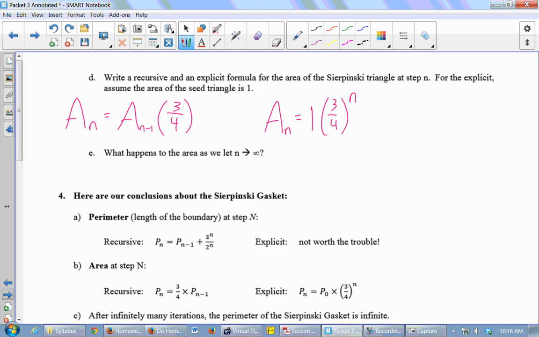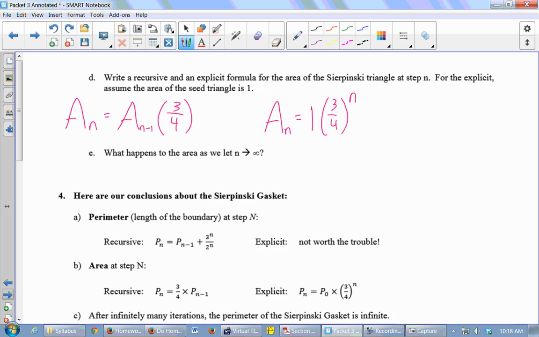So let's relate this back to a bank account. If you have a bank account and every month or year or day or whatever unit of time, the amount of money in your bank account is multiplied by 3/4, what's happening to the amount of money in that account? It's going down. You're multiplying by a number less than 1, which means the amount of money in that account is getting smaller and smaller.